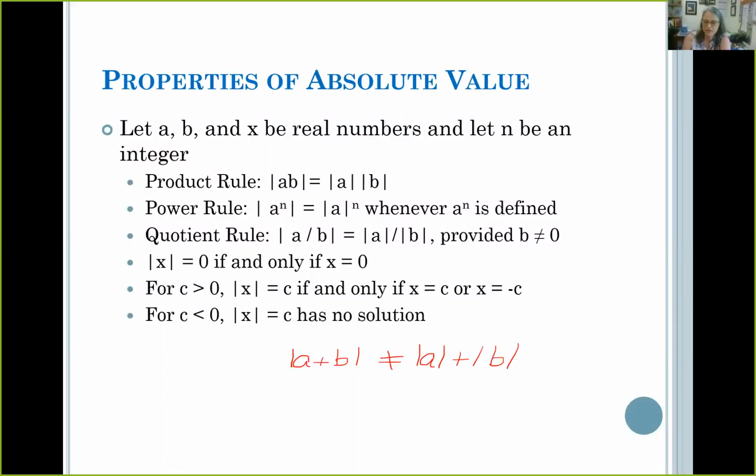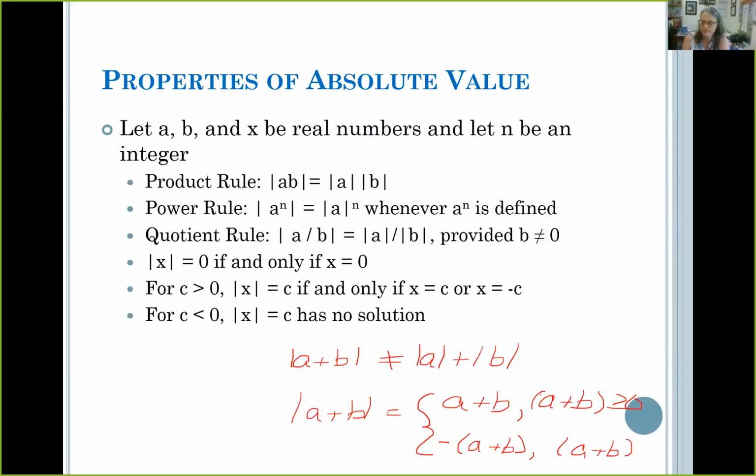The absolute value of A plus B is defined to be A plus B if the quantity A plus B is greater than or equal to 0. But if that quantity is negative, then it is the opposite of that, right? So don't do that. You can do this, and this, and that, but you can't do that with addition and subtraction.